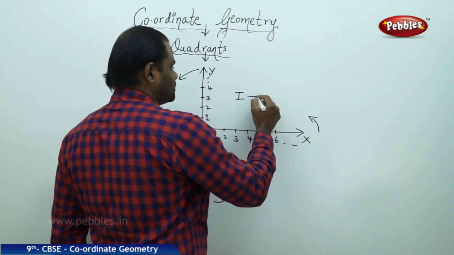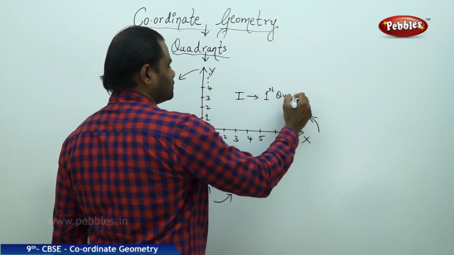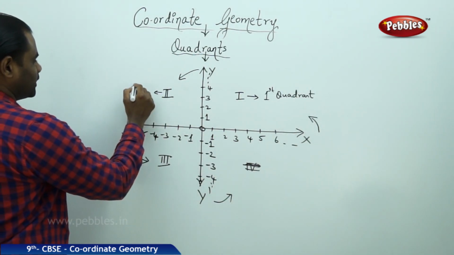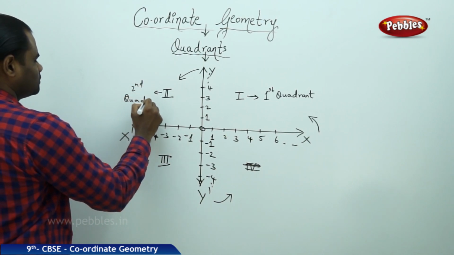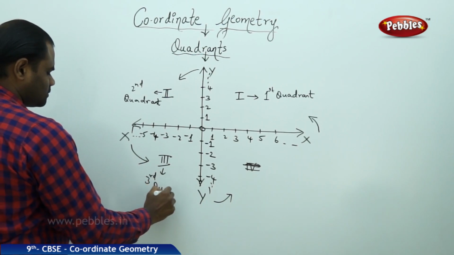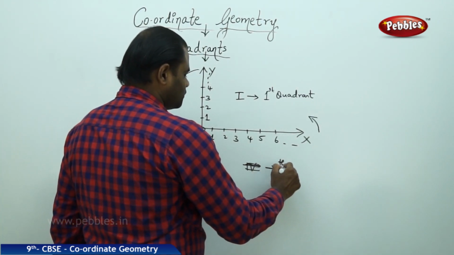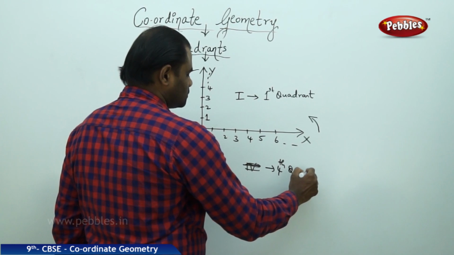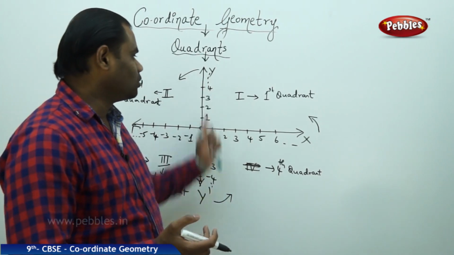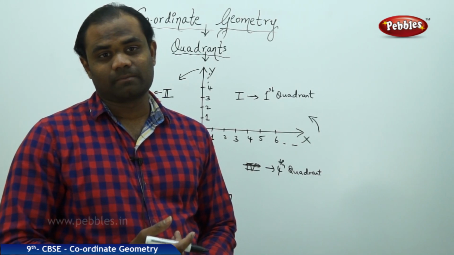So this is referred to as first quadrant, and this is referred to as the second quadrant, and this is referred to as the third quadrant, and this is referred to as the fourth quadrant. So there are totally 4 quadrants which the whole plane is subdivided into by the 2 perpendicular lines, x-axis and y-axis.